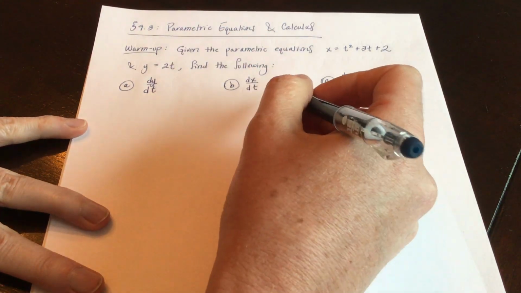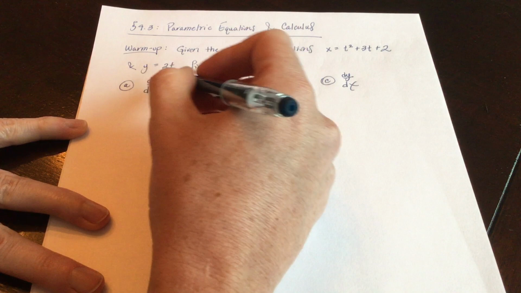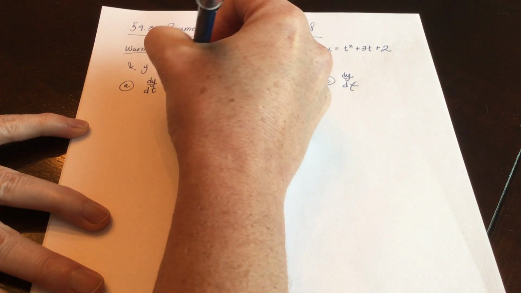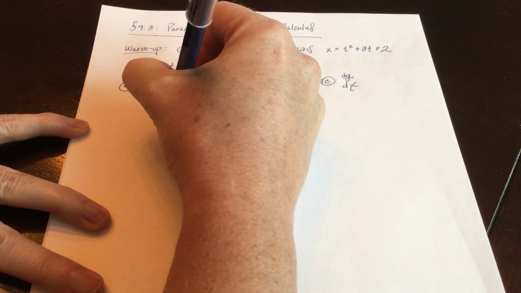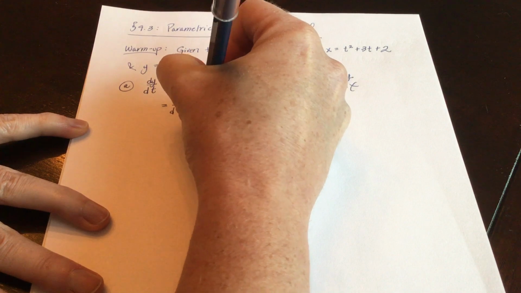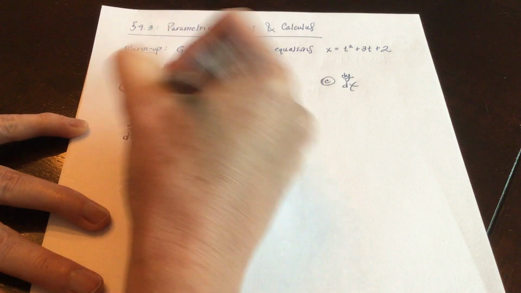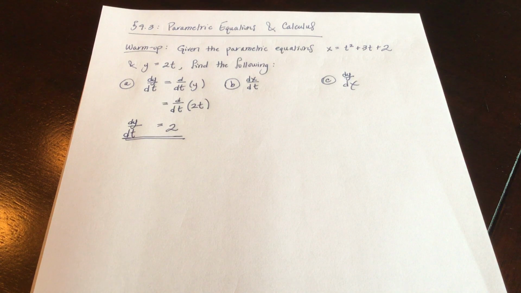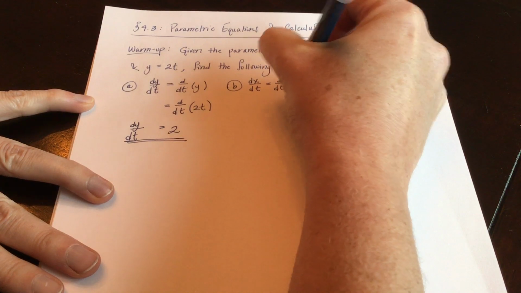I'll explain this in my own way, and I'm going to take way more steps than I really want you to do for dy/dt. I would love for you to just say what the answer is and be confident about it, but this is what might be going on in your head. dy/dt means d/dt of y. y in parametric form is 2t, so you're just doing d/dt of 2t, and that would simply be 2, which is why if you just said dy/dt is 2 without showing any work, you were right. dx/dt means d/dt of x.